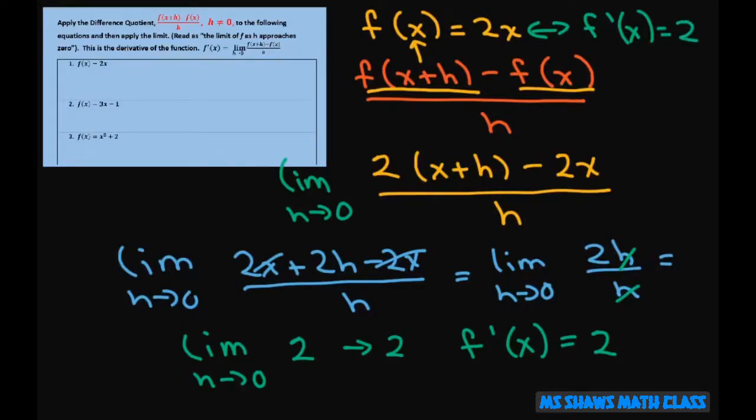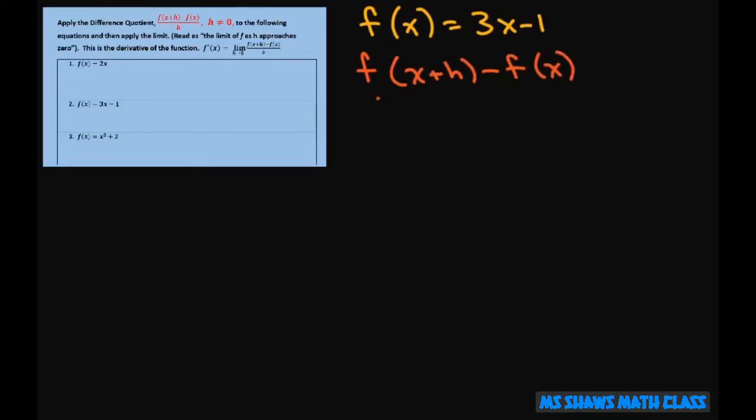Okay, let's do the next two. So we do the same thing. Our problem is f of x equals 3x minus 1. Our difference quotient is f of x plus h minus f of x divided by h. So the first part is you're going to plug this in to this x.